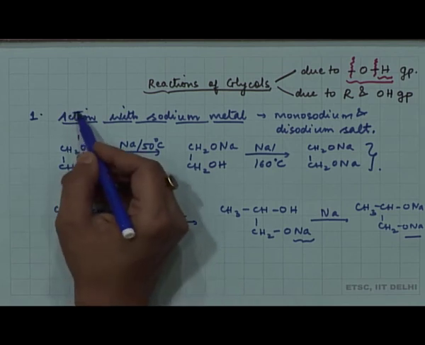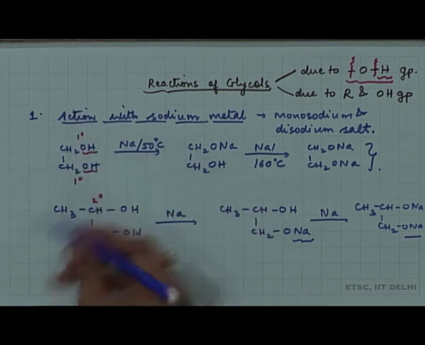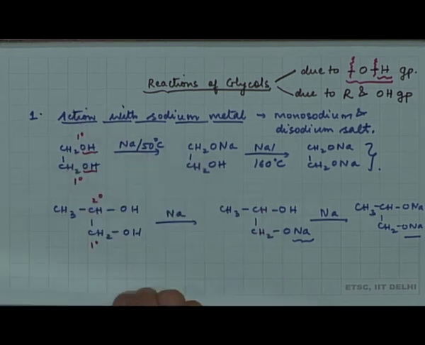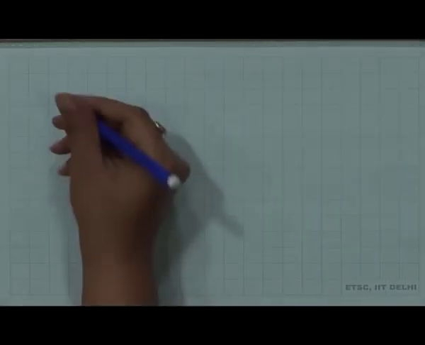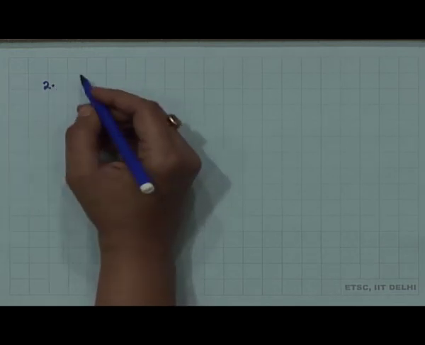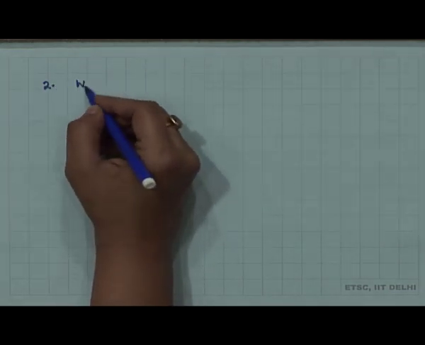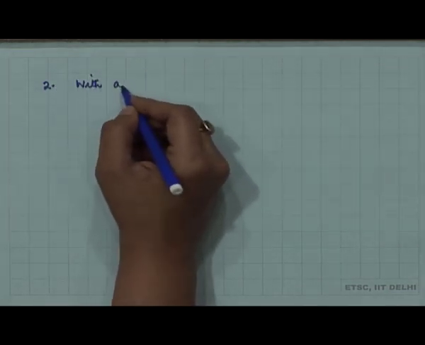So, this is the reaction involving the active hydrogen atom of the diol, and it gives you the monosodium and the disodium salt. So, another reaction of the diols is with acids.